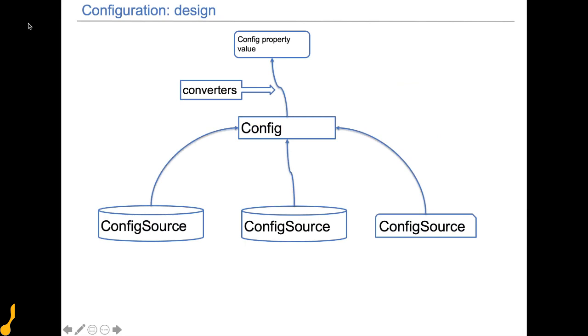So for the configuration, the concept is very straightforward. Basically you have 4 layers. The first one is where you specify your properties in one of the config sources. The config source can be anywhere: in a file, in a database, or in a config map in Kubernetes, for example.